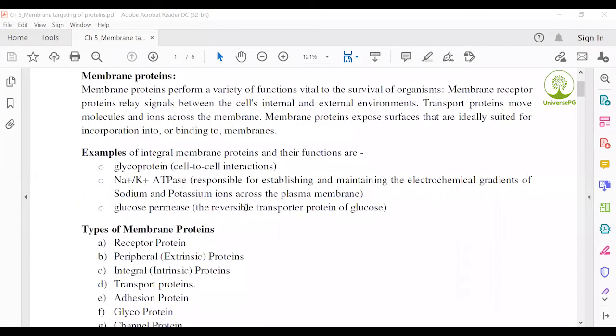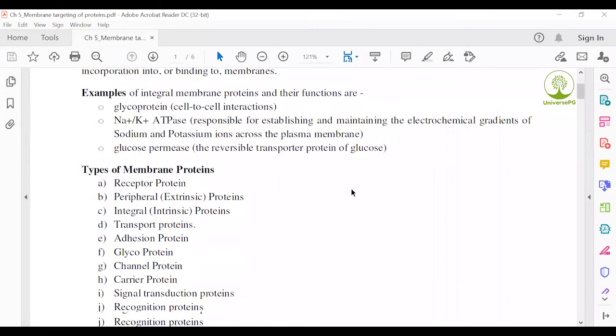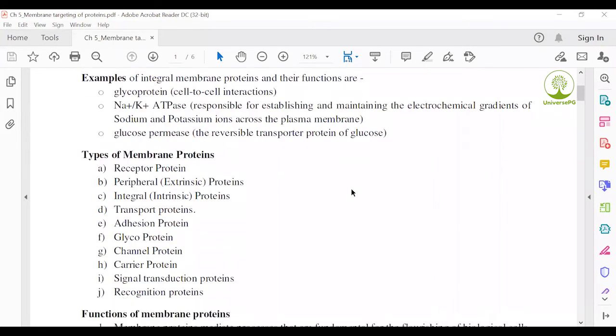It is important, and I know it is a new term, newly assigned in your new sheet. Types of membrane protein.